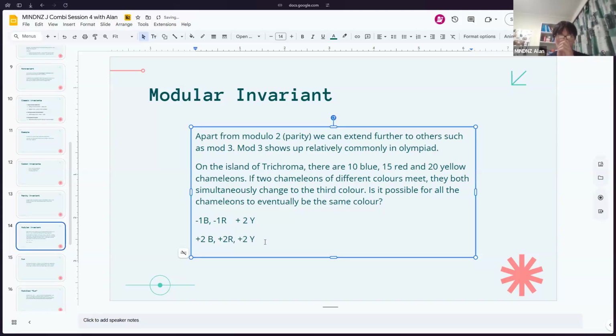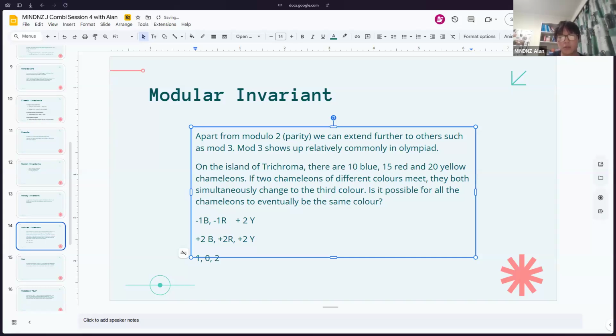What does this mean? This means that after any number of times that 2 chameleons of different colors meet, the numbers of blue, red, yellow modulo 3 will change by the same amount. And we see that the number of blue originally was 1 modulo 3, the number of red was 0 modulo 3, and the number of yellow was 2 modulo 3.